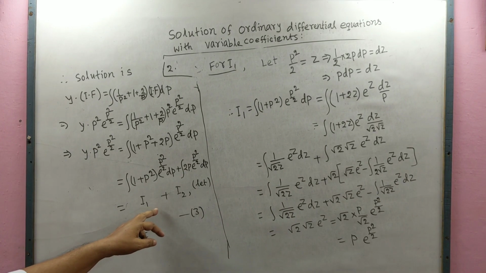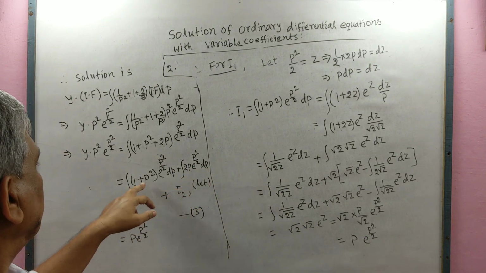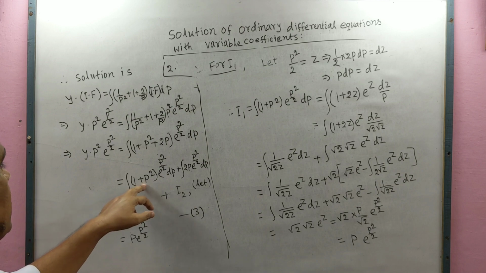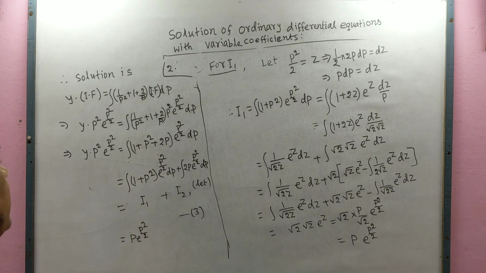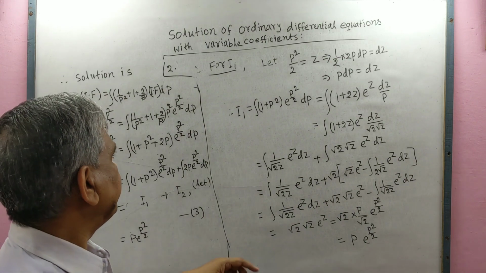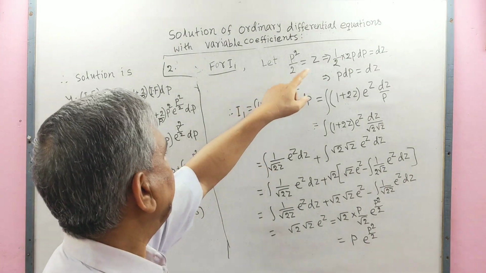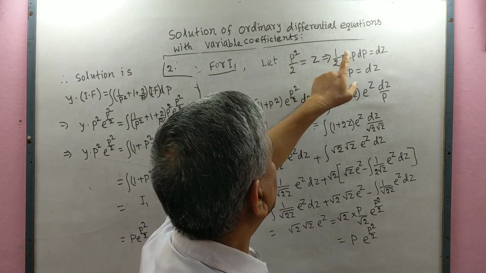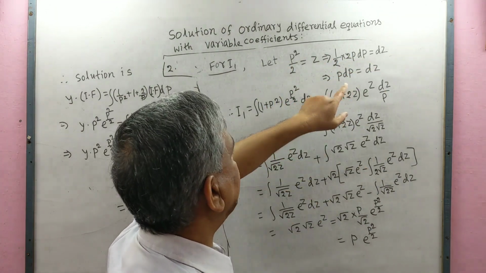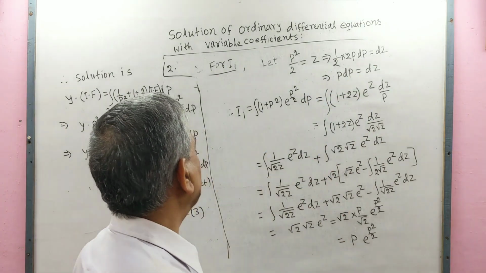Now we solve I1. I1 is the integration of (1 plus p²) e to the power p²/2 dp. So let p²/2 be z. Then (1/2)(2p) dp equal to dz, which implies p dp equal to dz.